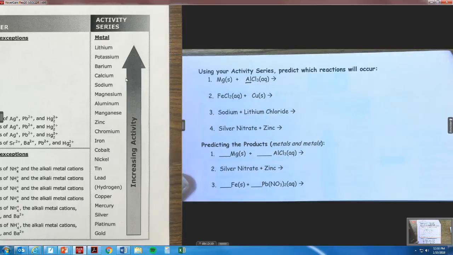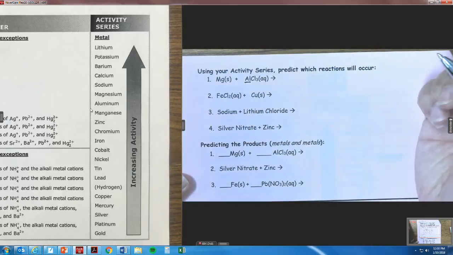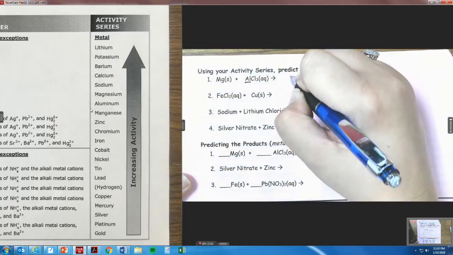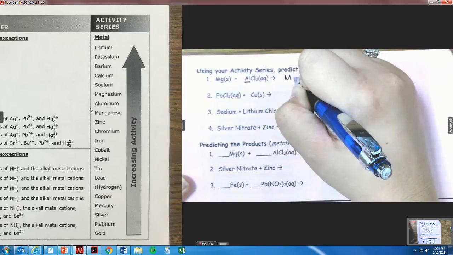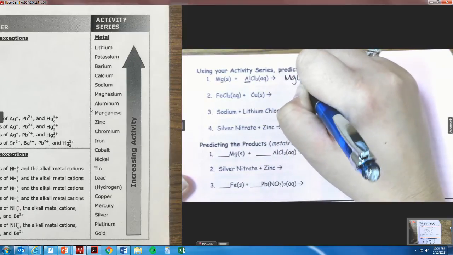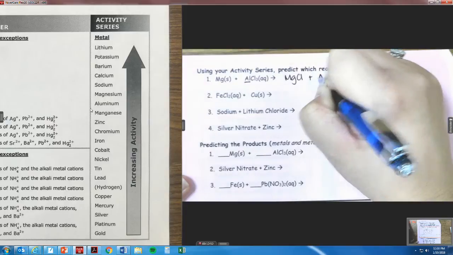On our periodic table, you have aluminum right here, and magnesium is above it. So yes, magnesium is higher than aluminum, so a reaction is going to occur. Our products are therefore going to be magnesium chloride and aluminum.